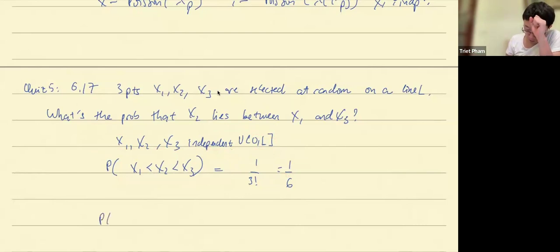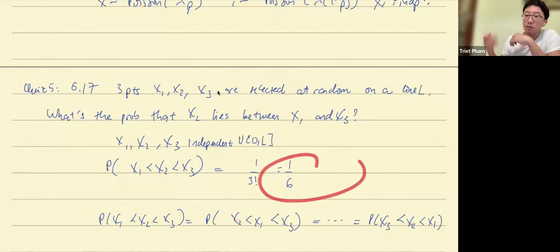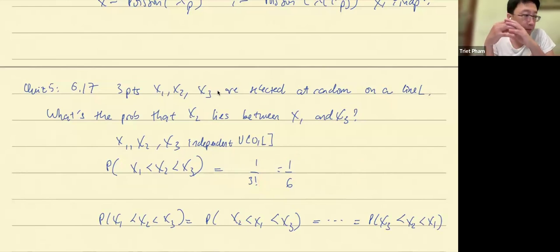In other words, P of x1 less than x2 less than x3 is equal to P of x2 less than x1 less than x3, etc., up to all the permutations, they're all the same. And because there are 6 of them, they add up to 1. Each of them is 1/6. That's the answer.